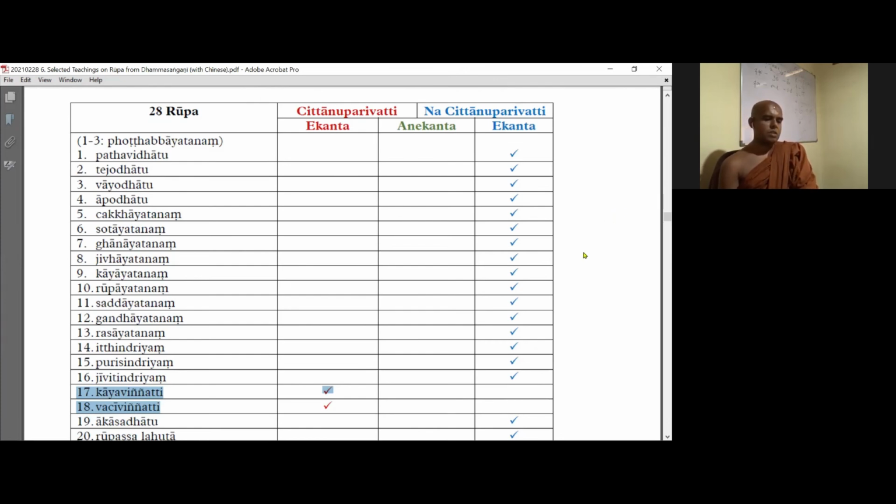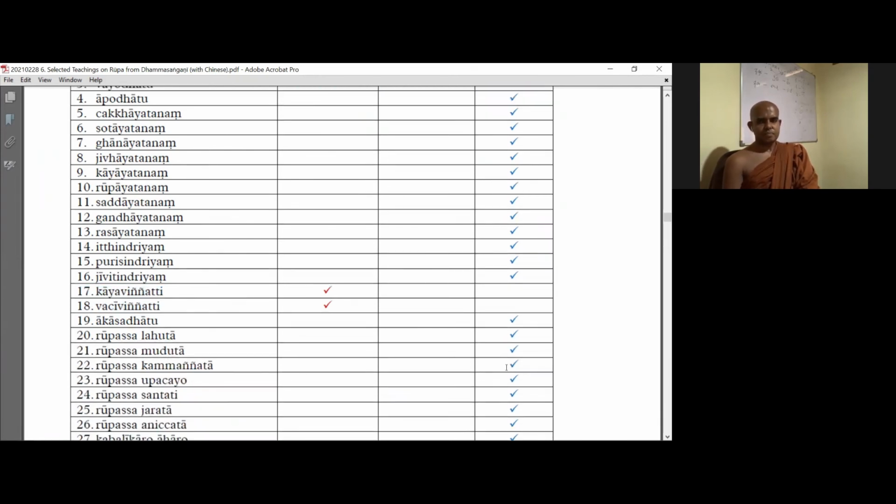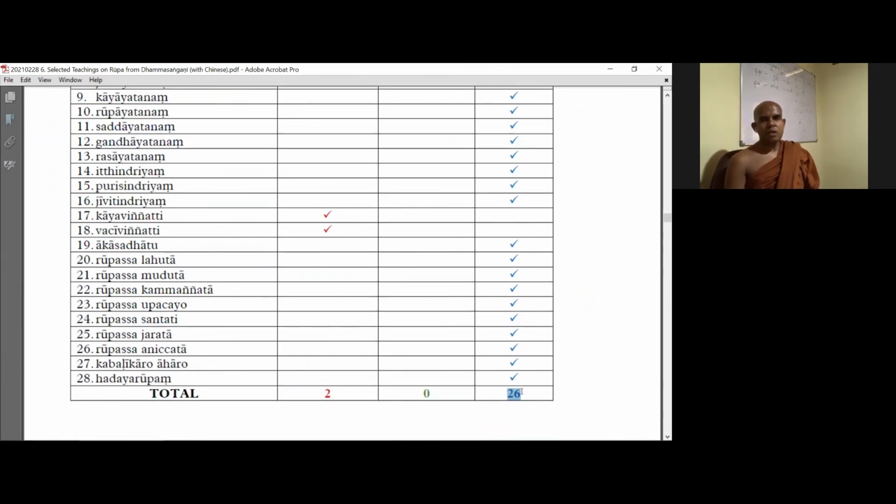About the Na Chittanuparivatti, there are 26. Except the two vinyatti, the other 26 rupa are called Na Chittanuparivatti.